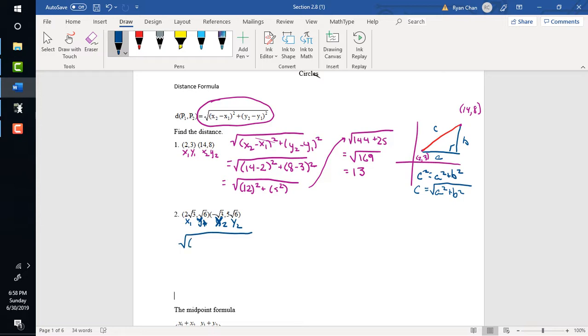So this is x2 minus x1 squared plus y2 minus y1 squared. And this is going to be the negative square root of 3 minus 2 square root of 3, squared, plus 5 square root of 6 minus square root of 6, squared.